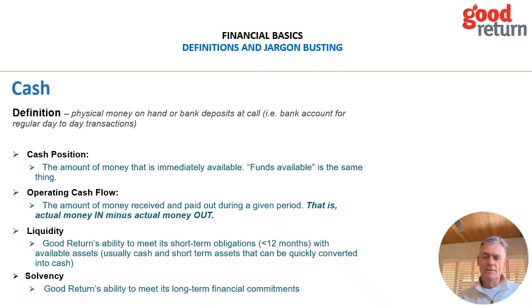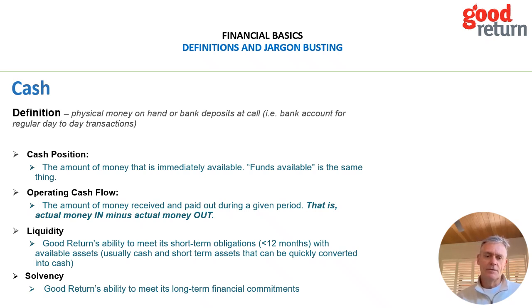Now, there's two other terms there, and the strict textbook definition of liquidity, for example, is the ability of any organisation to meet its short-term obligations. Now, when we talk about obligations, we're really talking about the debts, the amount of money that we owe to people on a short-term basis. So that could be the employees, could be our suppliers, it could be some other short-term debts that we create.